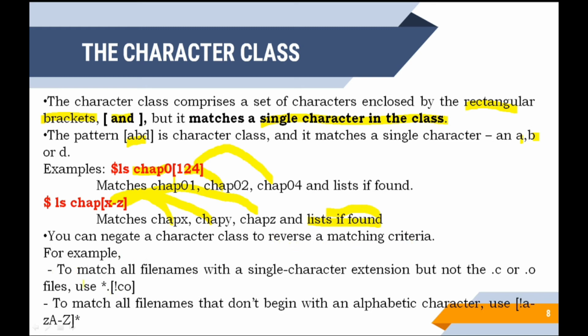For example, what I have specified here is to match all the files with a single character extension but not with the .c or the .o files. So here there will be any number of characters with a dot. After the dot it should not contain C or O.